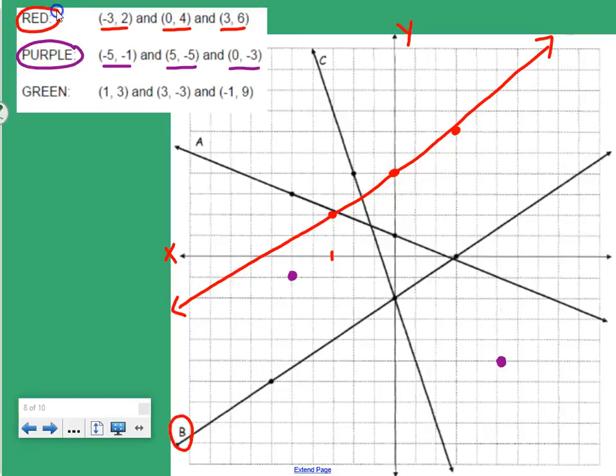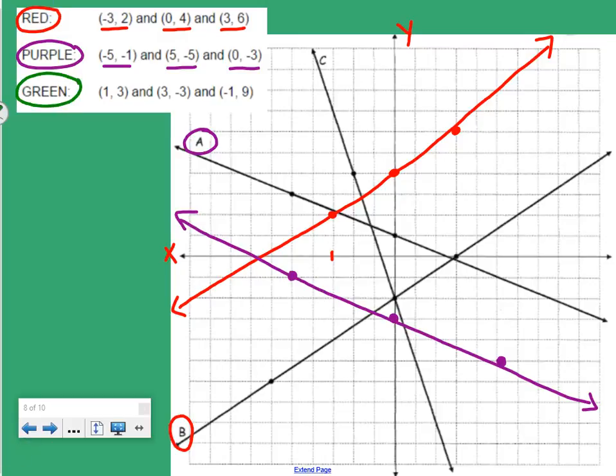And 0, -3. So 0, -3 is going to be on the y-axis at -3. Connect those points with a line. Try and make it as straight as possible. Now if we look, we can see that the purple line is parallel to line A.